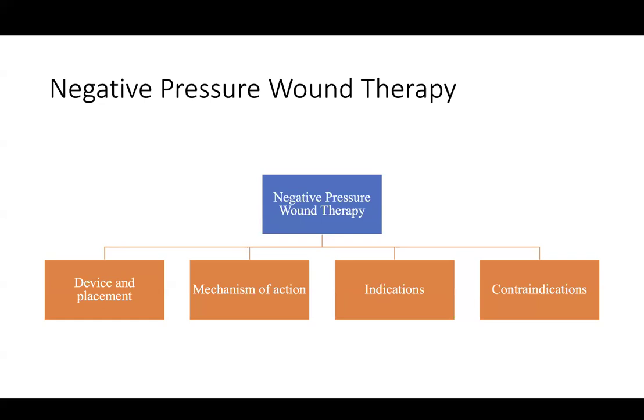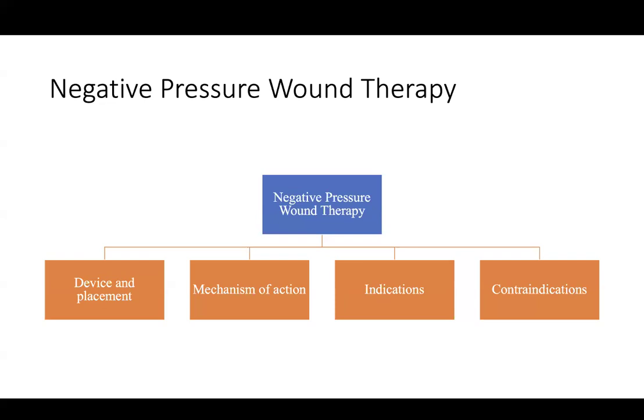In the direct effect, you have a semi-permeable dressing, which maintains a moist and warm environment, allowing wound healing. And this closed system generates a pressure gradient between the wound and the suction, and thereby promotes fluid transport from the wound bed and the interstitial space, thereby reducing wound edema.